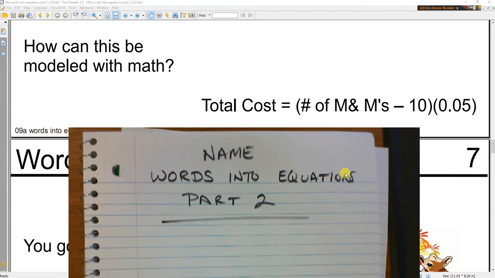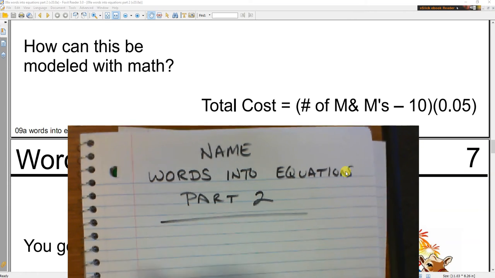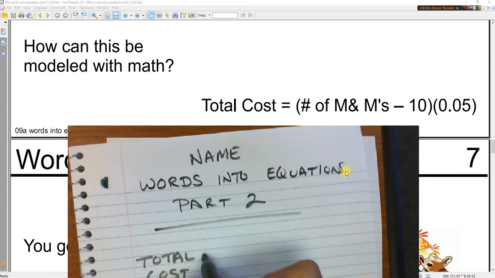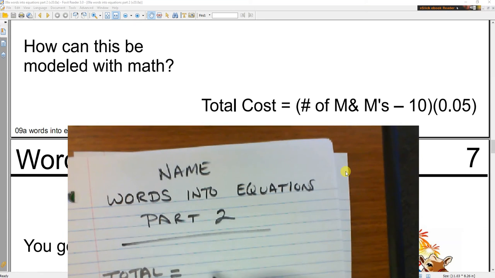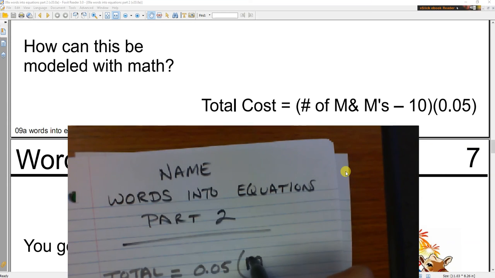We can model it with the idea of the total cost equals 0.05 times (m minus 10).